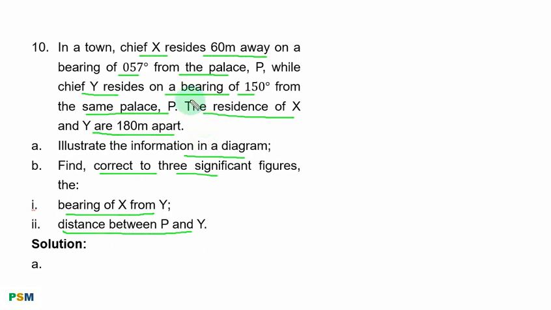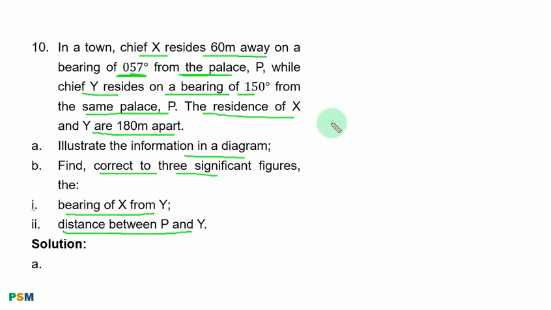Solution. The palace is the reference point. Chief S resides 60 meters away on a bearing of 057 degrees from the palace. This value is in the first quadrant.